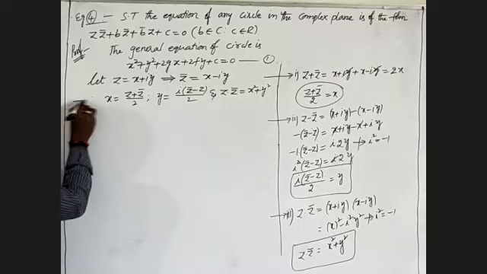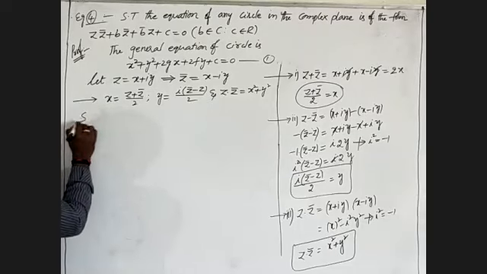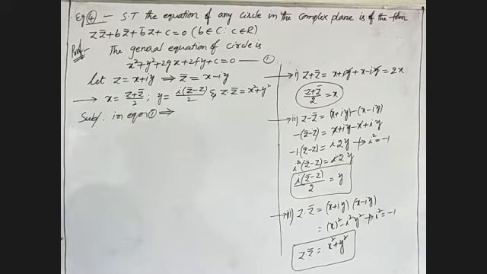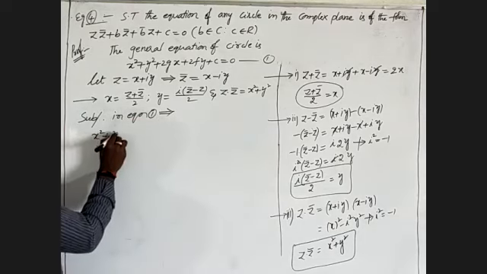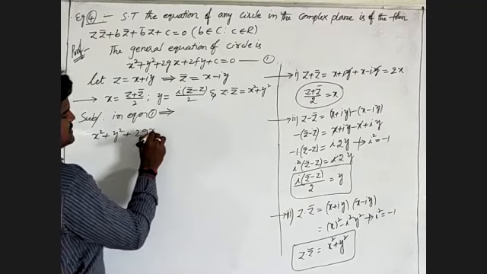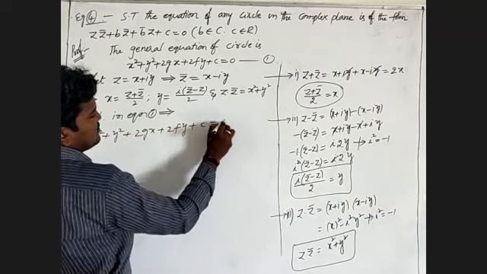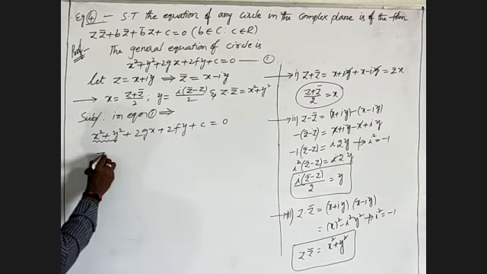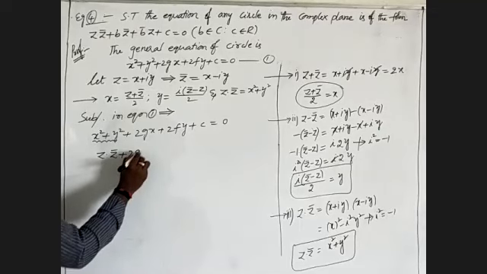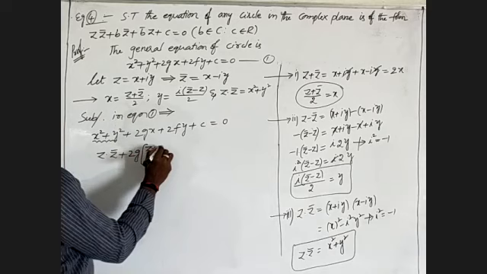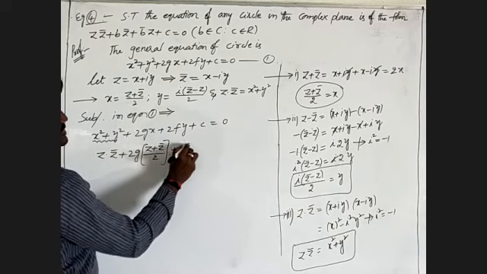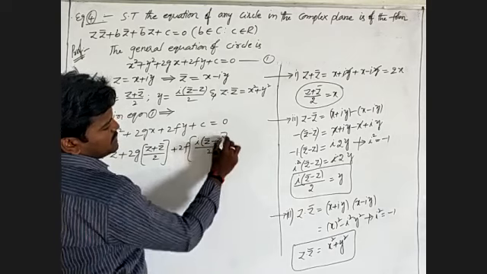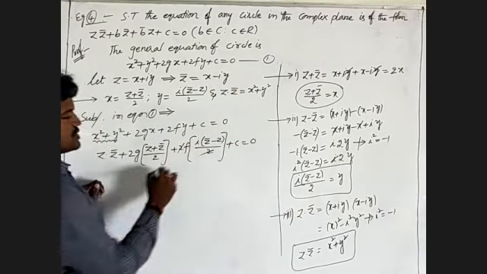Substituting the values of x, y and z into z bar in equation 1, which is x square plus y square plus 2gx plus 2fy plus c equals 0, we observe that x square plus y square is z into z bar, plus 2g into (z plus z bar) by 2, plus 2f into i into (z bar minus z) by 2, plus c equals 0. The 2 and 2 cancel.